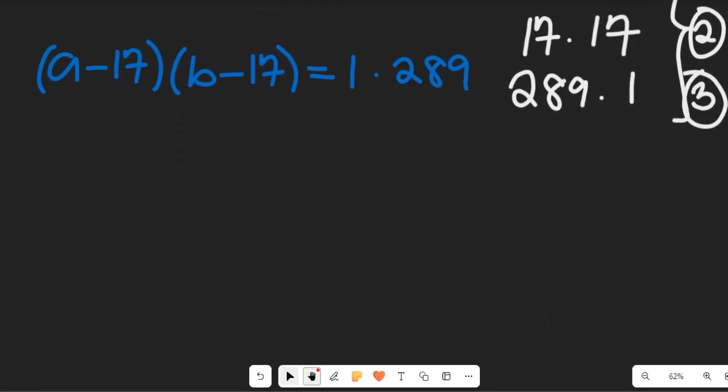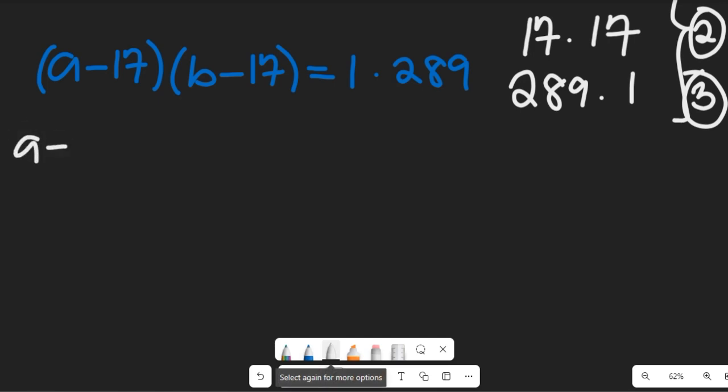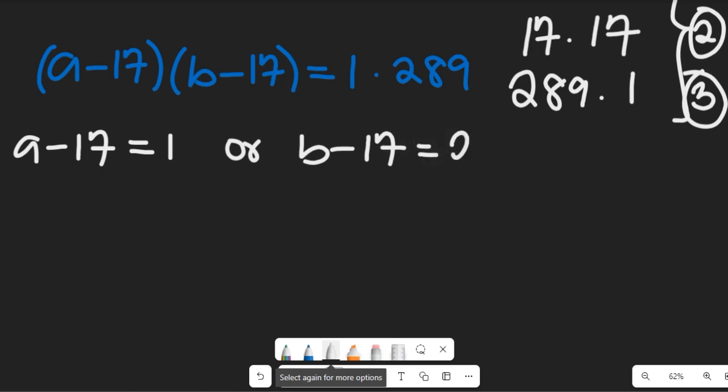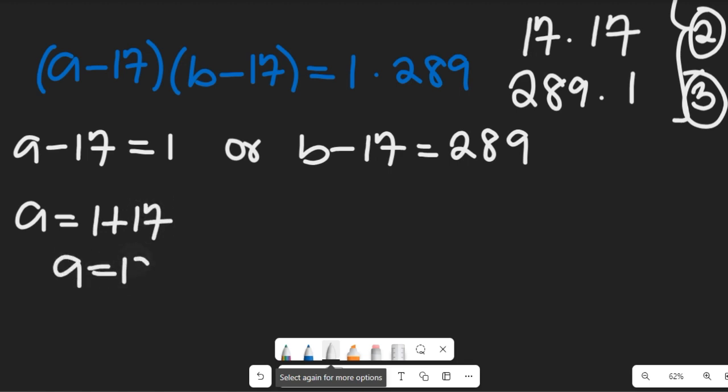So from that expression, I can simply say A minus 17 is equal to 1, or B minus 17 will be equal to 289, right? If I simplify this, I'll have A equal to 1 plus 17, and then A will be equal to 18.